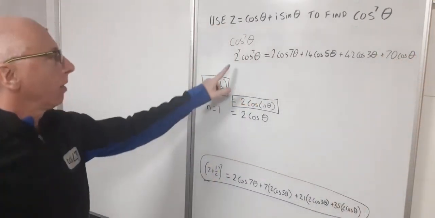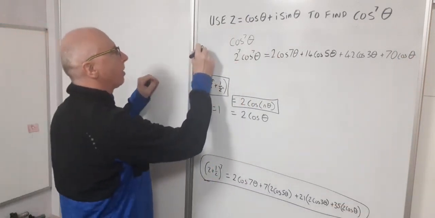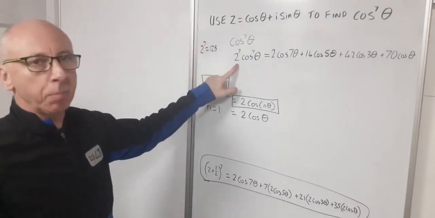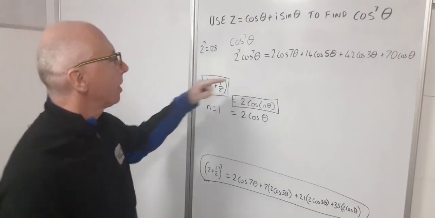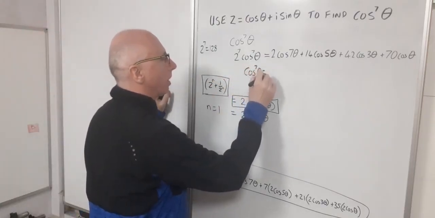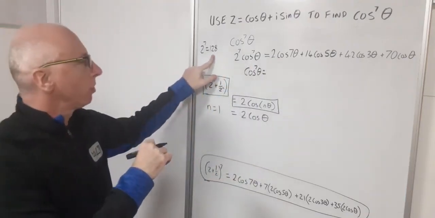Okay, now 2 to the power of 7, that gives me 128. So if I divide both sides by 128, I will get my cosine 7 theta on its own. So let's do that. Cosine 7 theta, divide by 2, sorry, times by 2 and divide by 128.